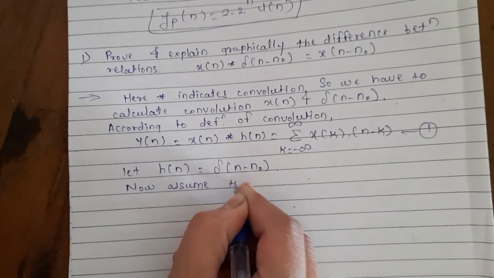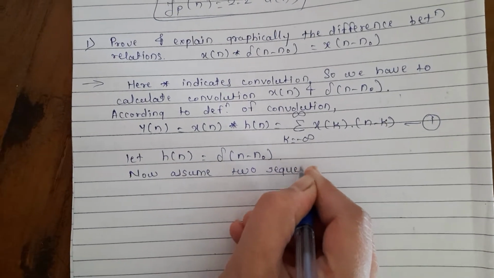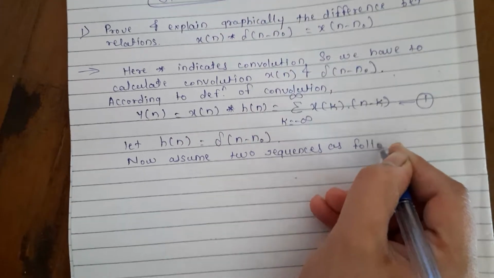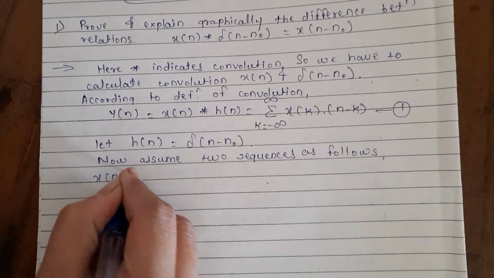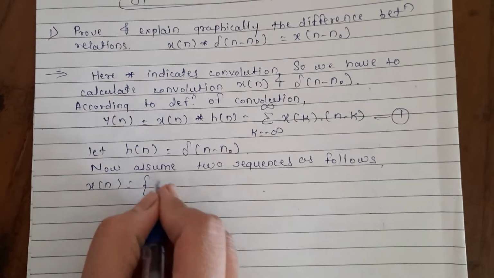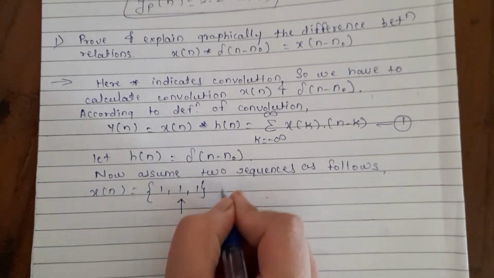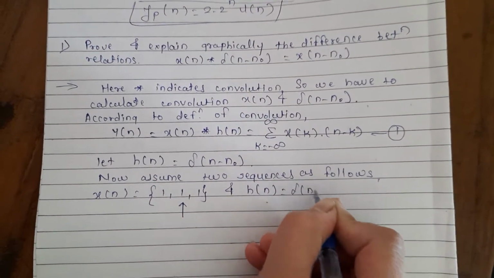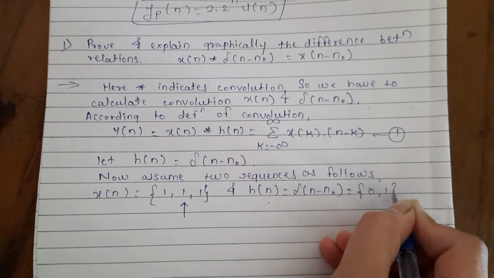Assume two sequences as follows. x of n, the first sequence, is 1 1 1, and h of n is equal to delta of n minus n0, it is 0 1.